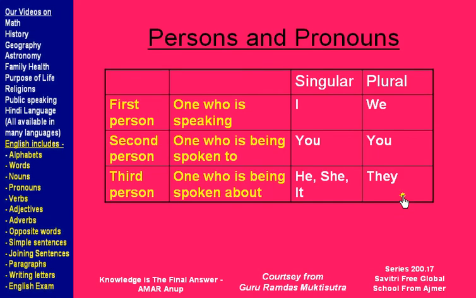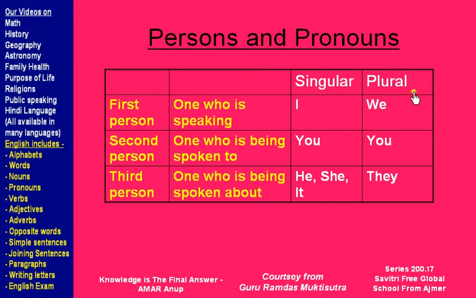I mentioned that which pronoun to use depends on the person, whether it is a first person, second person or third person, and whether it is singular or plural. So in first person, the pronoun that is used in singular is called I, and the pronoun that is used for plural is we.